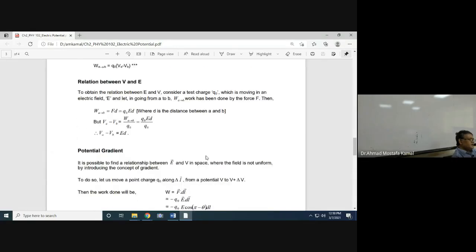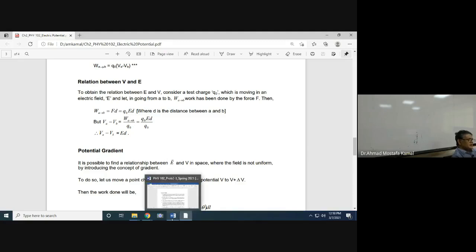For a non-uniform field, this quantity is called potential gradient. Only for a non-uniform field, the concept of potential gradient is used.